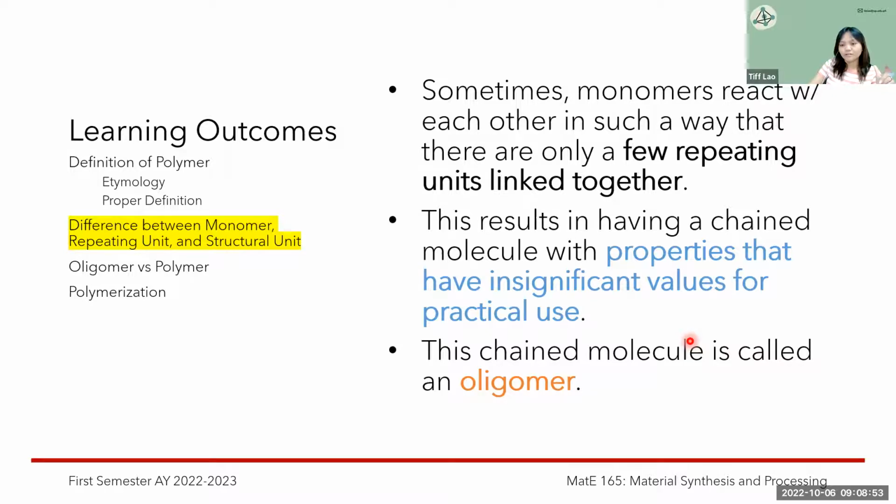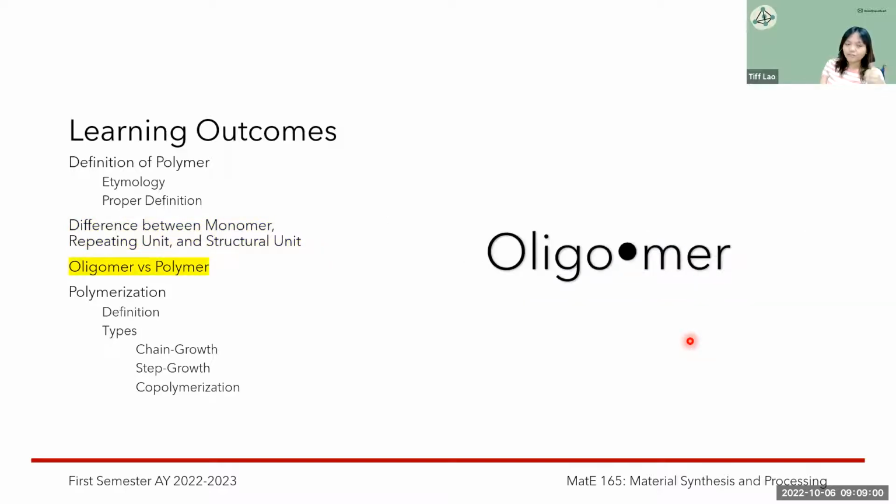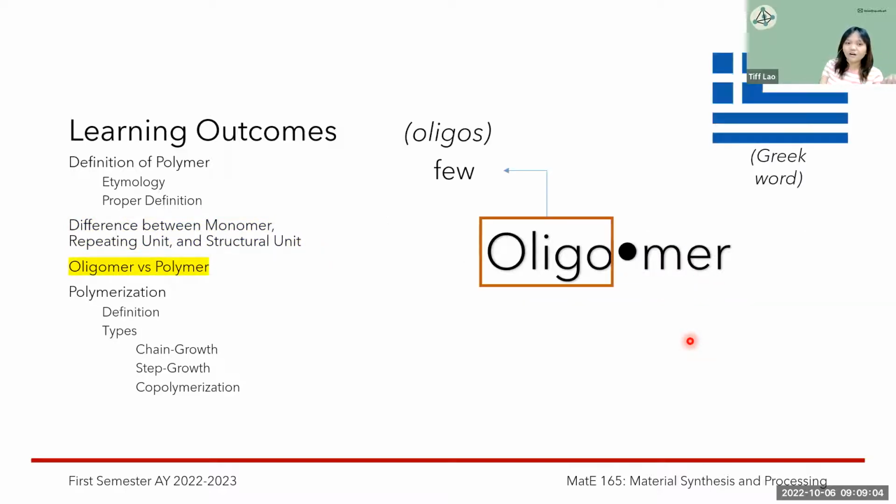Okay? Klaro? Oligomer, galing din siya sa Greek word na oligos, few, and meros, so few parts.